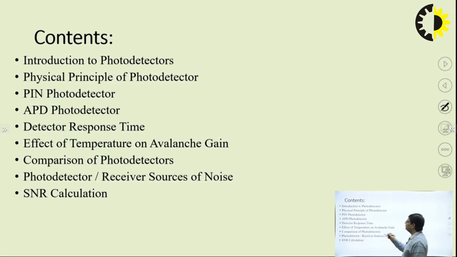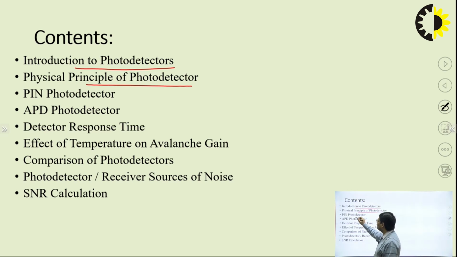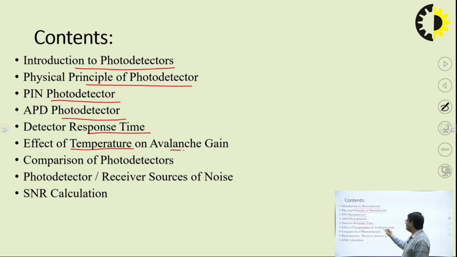In this lecture, the main topics that we will cover will be an introduction to photodetectors and the working principle of photodetectors. Different types of photodetectors will also be covered, like the PN photodetector and the APD photodetector. Then we will cover the detector response time and the effect of temperature on the avalanche gain of the APD photodetector.